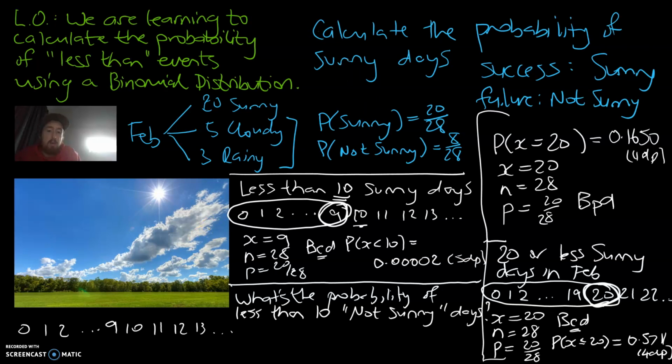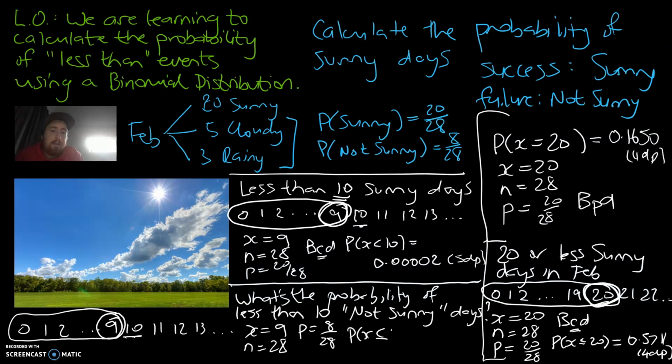Then we circle the range that we care about. Again, we've got the same language, less than 10. That doesn't include 10. It includes everything less than it, so we circle that 9. In our case, X is equal to 9, the highest value within our range. There are still 28 days in February, and the probability will change because we're now looking at non-sunny days, which is 8 over 28.